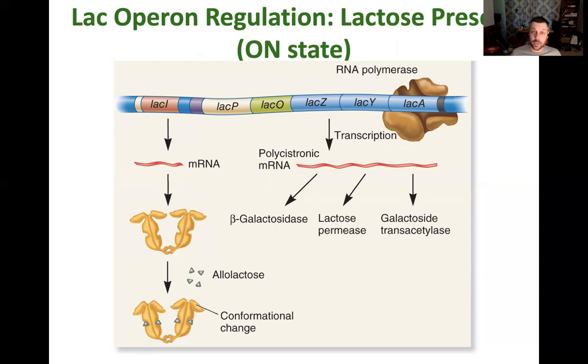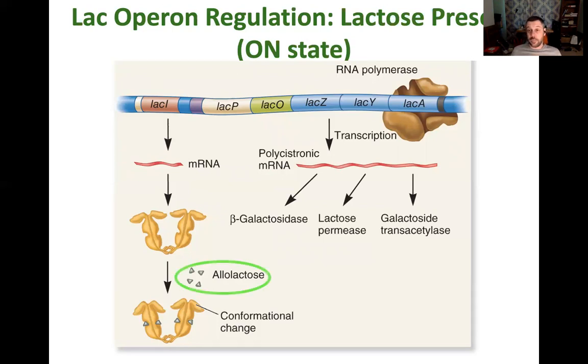And now this bacteria wants to use that lactose, wants to break it down and use it for energy. So it wants to then transcribe and translate LacZ, LacY, and LacA. So somehow it wants to remove the repressor from the DNA to allow RNA polymerase to move down this operon and transcribe these genes.